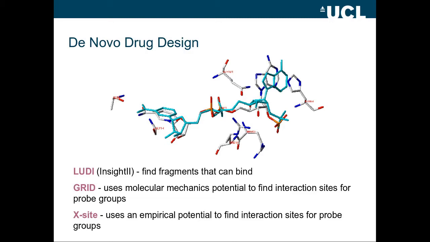LUDI, which is part of the Insight molecular graphics system, allows you to screen fragments that can bind. And GRID and Excite are two programs that use some sort of potential to find interaction sites for probe groups. GRID uses a full kind of molecular mechanics type potential and uses very, very small fragments, generally, as I said, something like a hydroxyl oxygen or carbonyl oxygen and that sort of thing, and finds where those would like to be on the surface of the molecule.